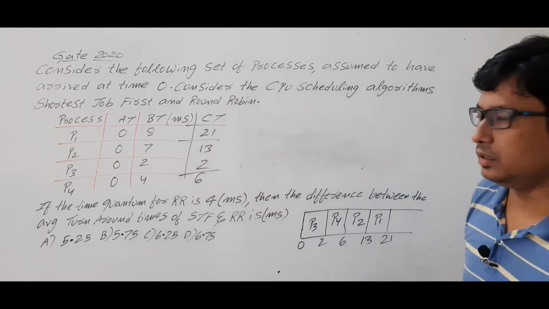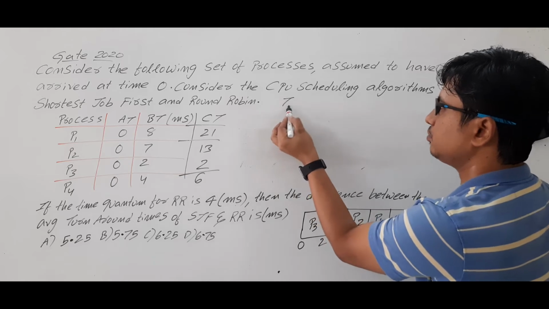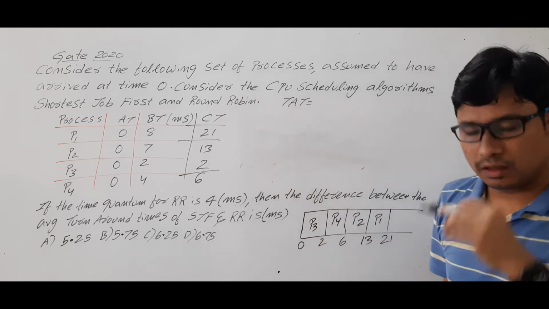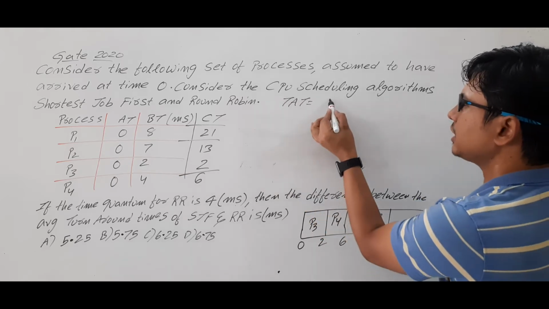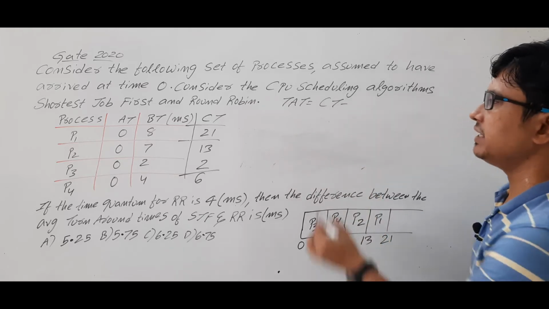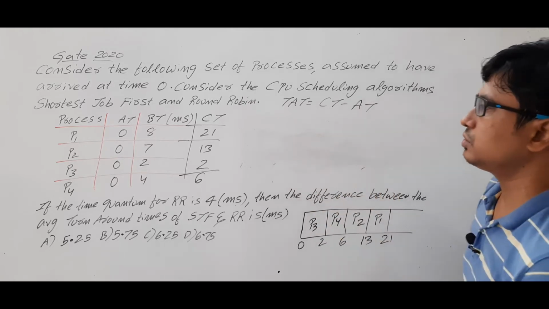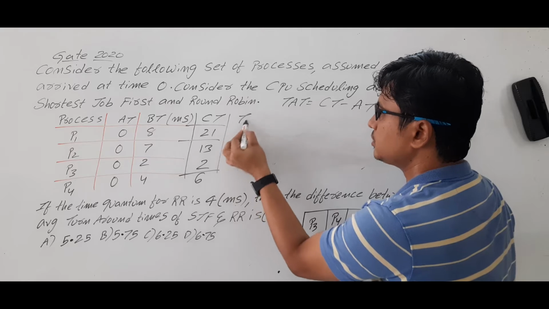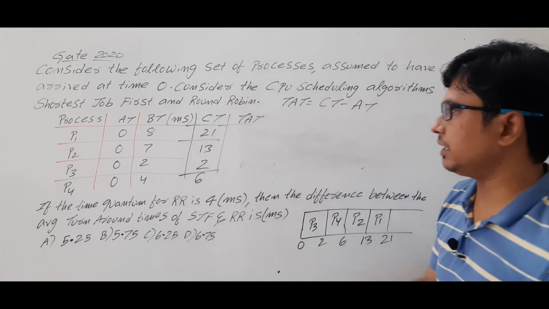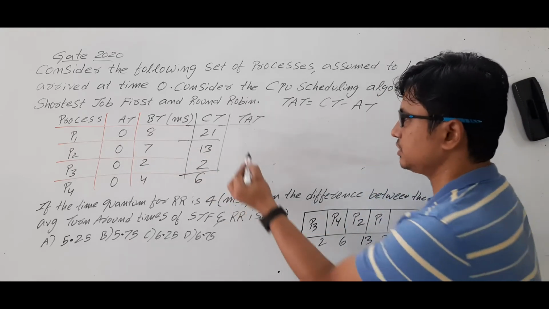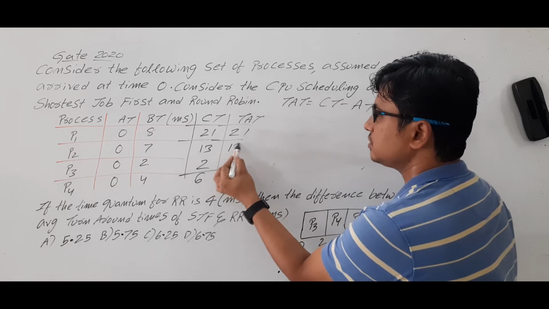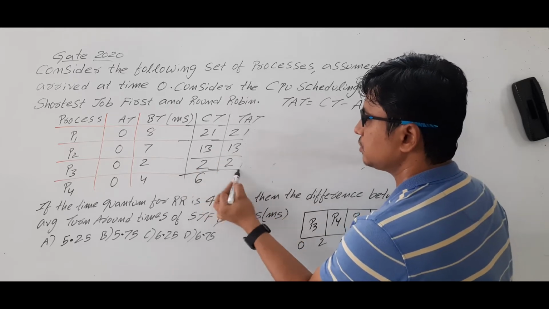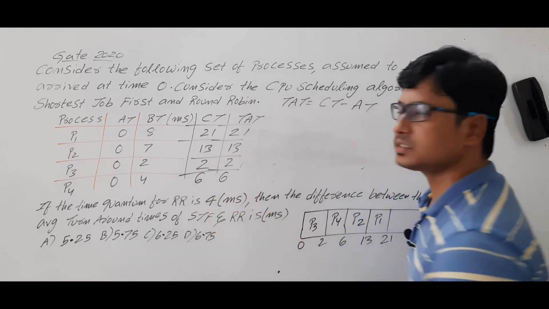Once we have the completion time, we can easily compute the turnaround time. Turnaround time is completion time minus arrival time. So look at each process's completion time and arrival time: 21 minus 0 is 21, 13 minus 0 is 13, 2 minus 0 is 2, 6 minus 0 is 6.